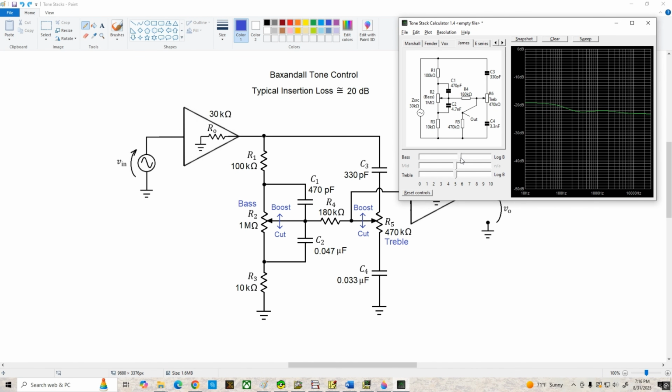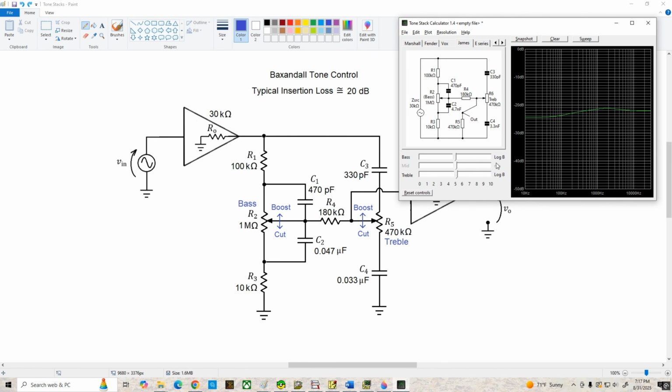If we push the bass up, we get mostly bass increase and bass cut when we move it the other way. And if we go to the treble control, it gives us very nice control over each range individually without affecting the other. So that's one of the nice characteristics of the Baxandall tone control.